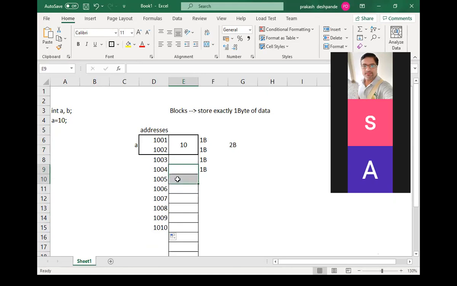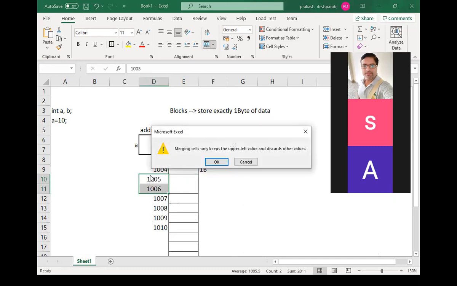It doesn't matter for the compiler. It can allocate any two consecutive free memory blocks. Assume that it is going to occupy these two memory blocks, and then it will allocate there, say, these two memory blocks.